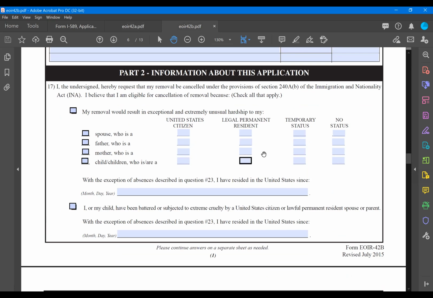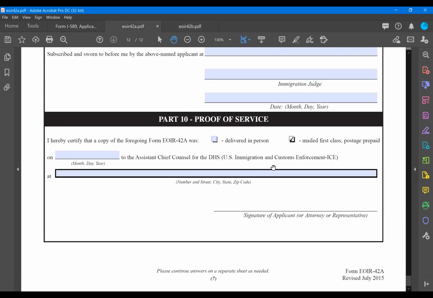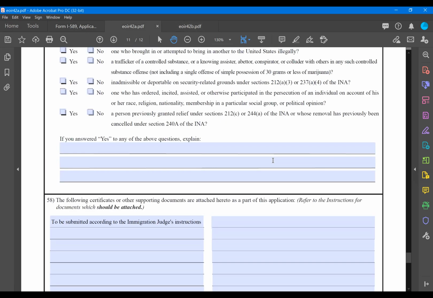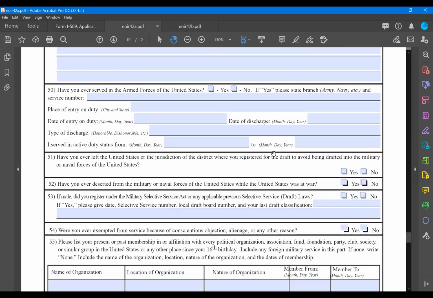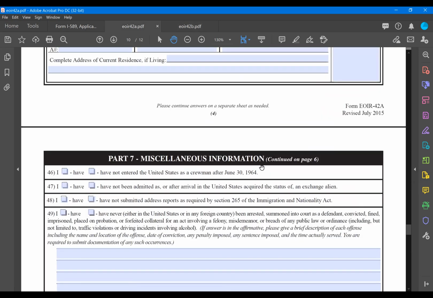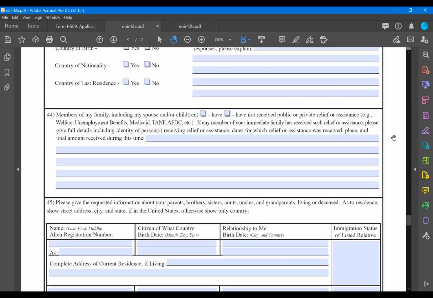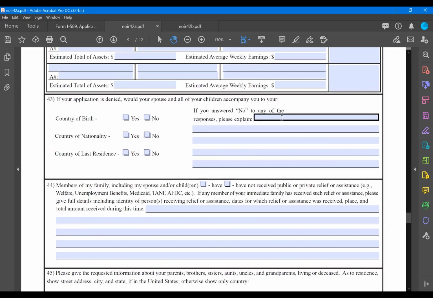Since we talked about hardship on the 42A, we can still show hardship, even though it's not a requirement for a permanent resident to show that extreme hardship. Here, we typically are still showing hardship as to why their family can't leave, because that's an additional discretionary reason as to why they really deserve to have their status here in the US and they don't deserve to be deported.